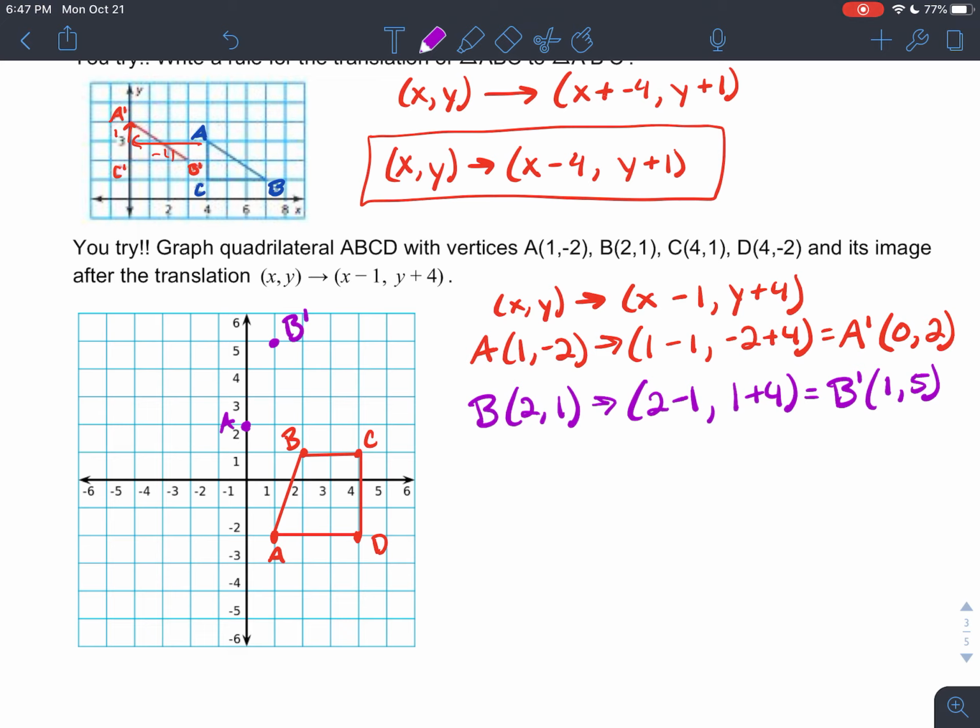And then for C, I could plug it into the rule, and it's going to work, but I could also just go left 1, up 4. Get C prime, and then D, left 1, up 4, D prime. And then again, connect your dots. And bada bing, bada boom. There is your shape that has been translated 1 unit left, 4 units up.